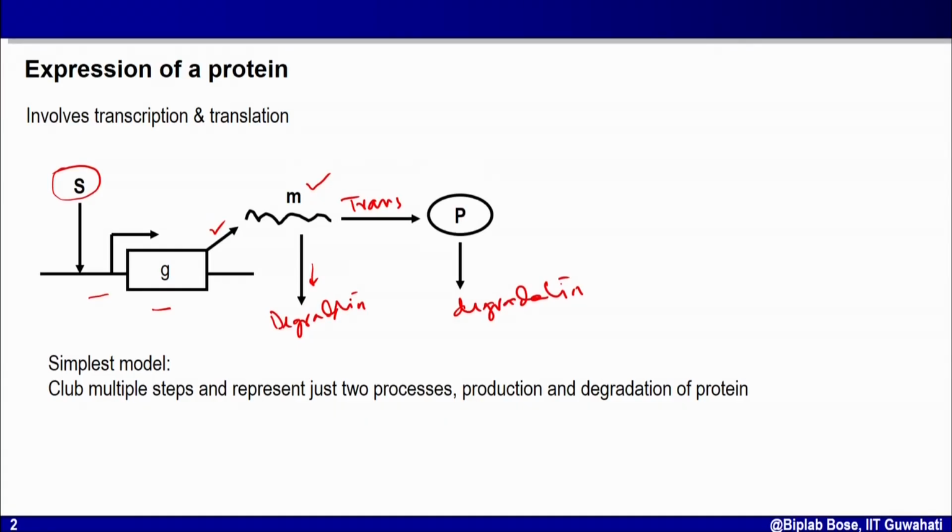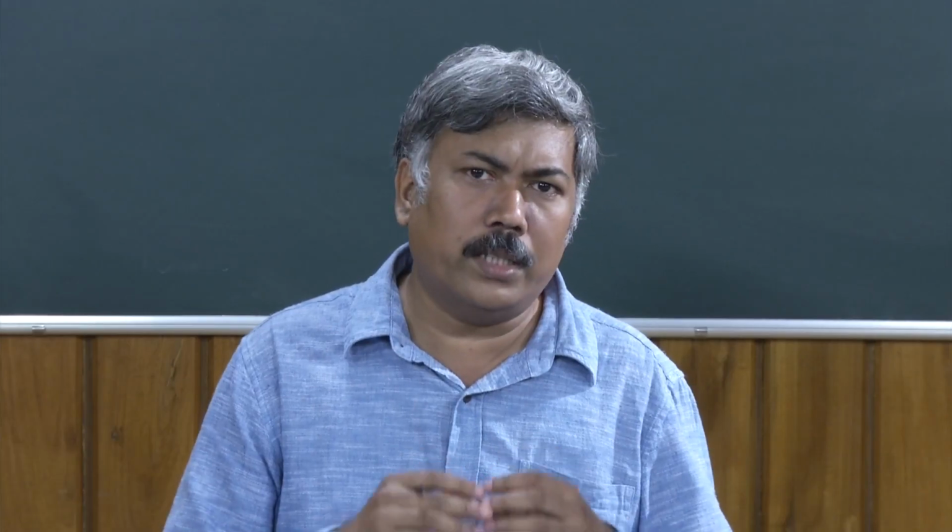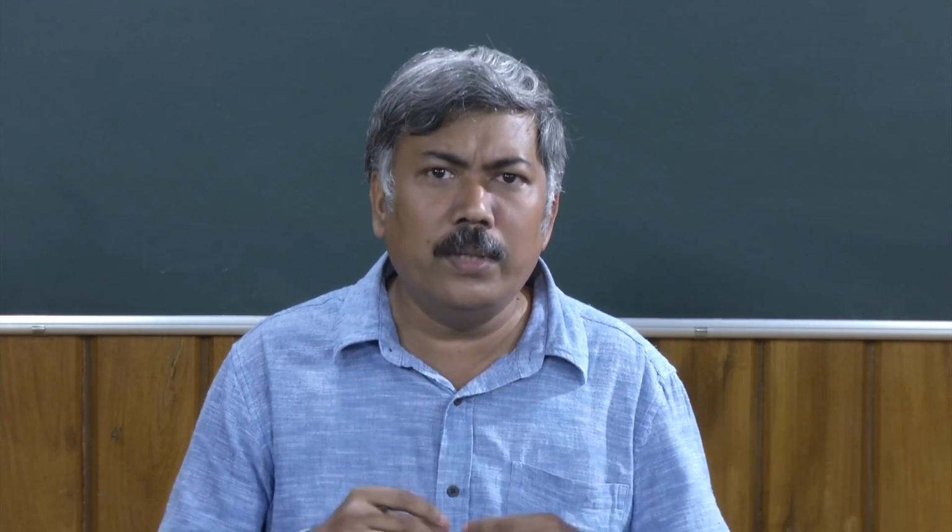In some cases I don't need to separate out transcription and translation as separate entities. I am interested only in the dynamics of the protein, and I'm not much bothered about how the whole process is broken down into different parts.